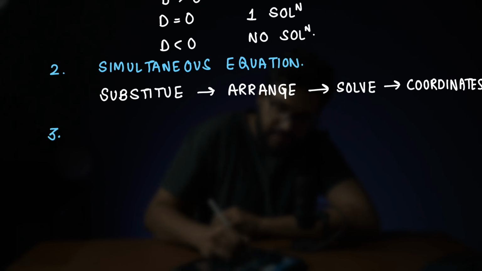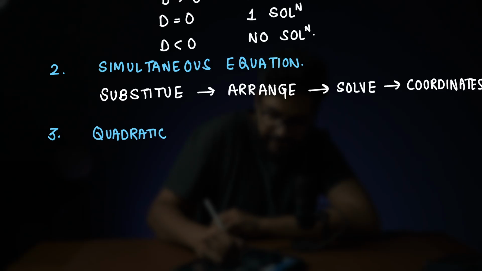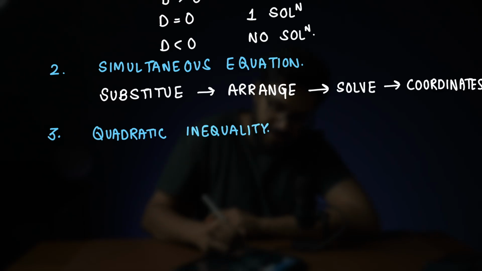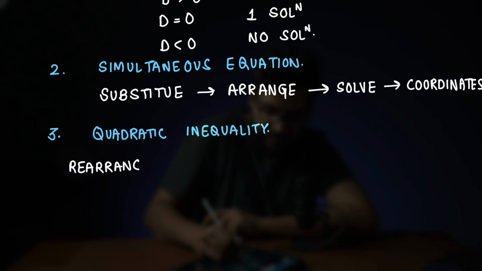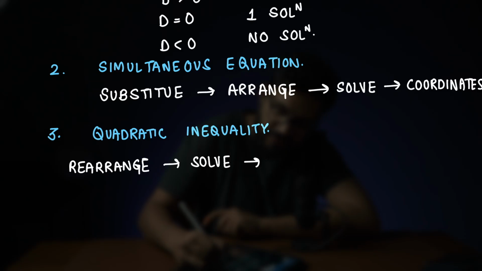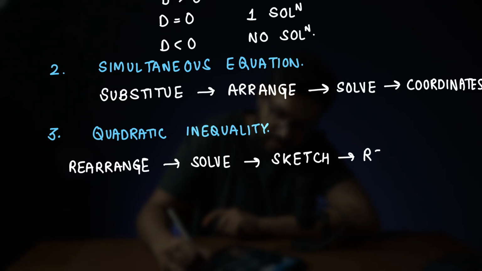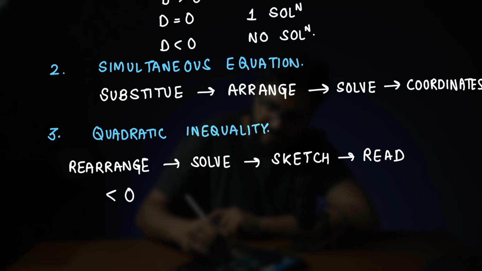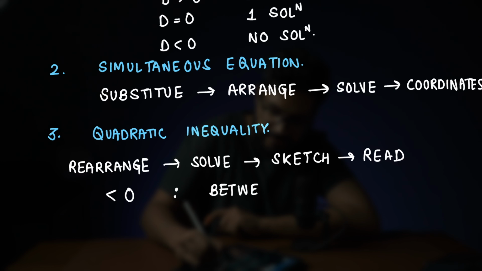Then we discussed how to solve a quadratic inequality. So to solve a quadratic inequality, these are the steps. First of all, we are going to rearrange and solve for the values of x. Then we are going to sketch it, and from the sketch we are going to see if it is less than 0, then the solution is between the roots.